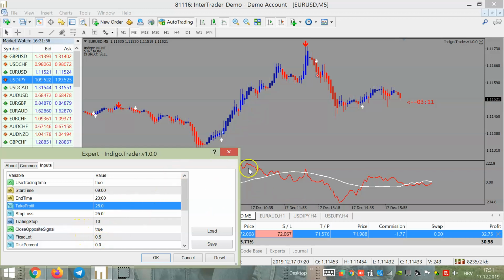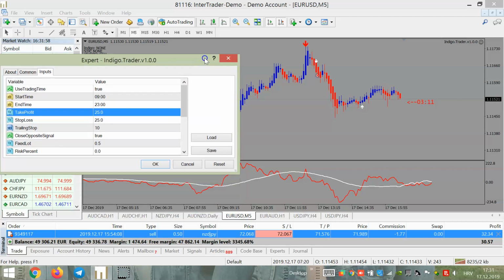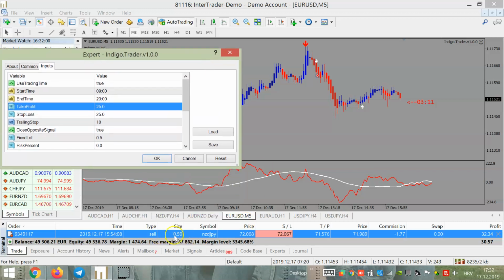Fixed lot size. Here you see we have 0.5 lot size fixed, or if you put 0 here, then it will work with fixed lot size. But if you put, I don't know, 1%, it will open 1% of your account.